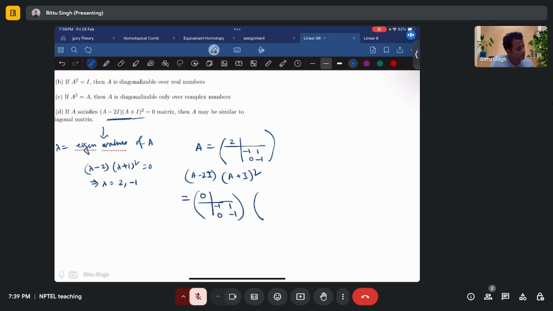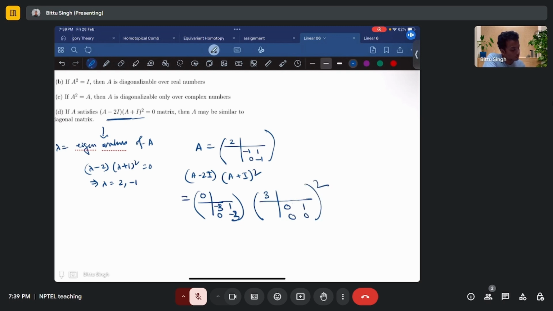And A plus I, adding plus 1 to the diagonal, gives the block 0 1 0 0.